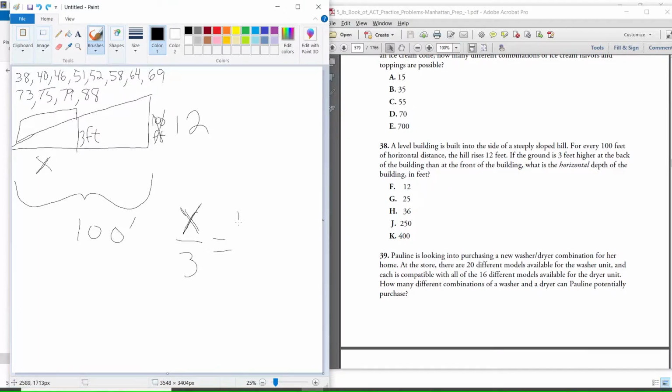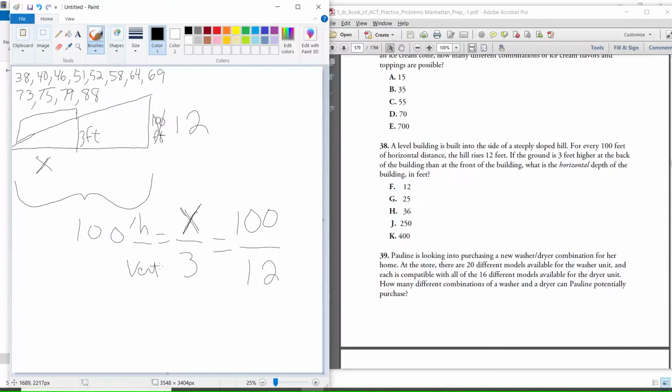Equals 100 feet of horizontal for 12 feet of height. And we're doing horizontal divided by vertical, in other words, the height of the building. So now we've set up a proportion. X horizontal to 3 vertical distance equals 100 horizontal feet to 12 feet vertical distance.